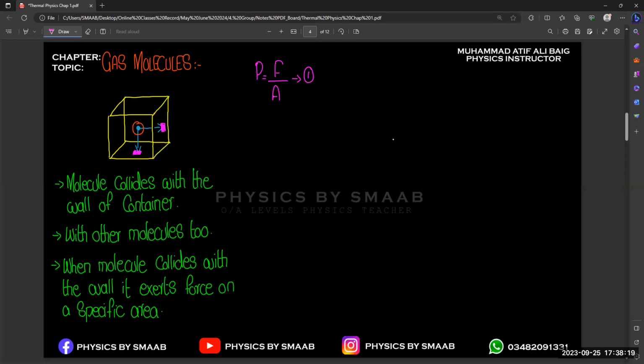So this is the concept of pressure that we are talking about: if you increase or decrease the temperature, how the pressure and the volume of the gas actually change, right? And there is one more particular theory or concept related to the motion of the molecules or particles, that is known as the Brownian motion.